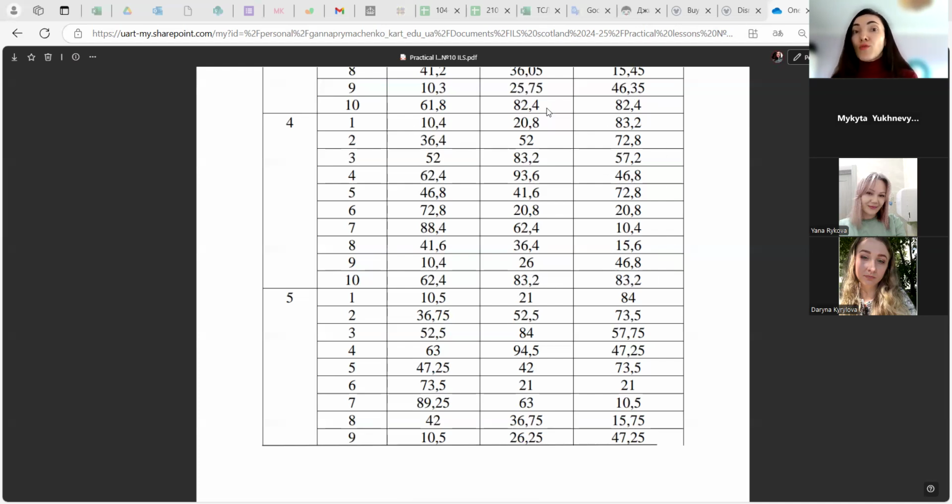For example, for variant 4, we write in our denominator 84.2, add 72.8, add 72, sorry, 57.2, add 64.8, and the others.